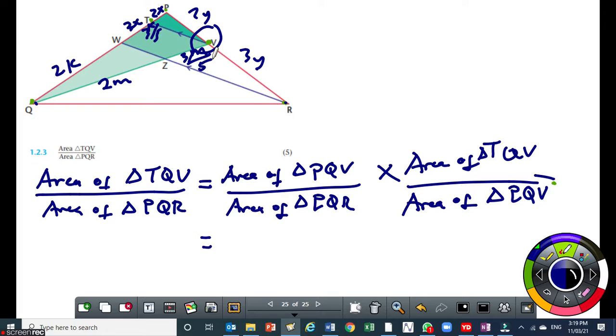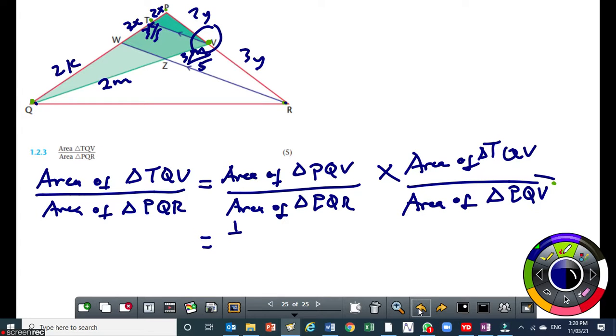The area of PQV is going to be in terms of k. Remember, it shares the common height with the triangle PQR. Do you agree with me on that? They share a common height. So the ratio of their areas will be equal to the ratio of their bases.